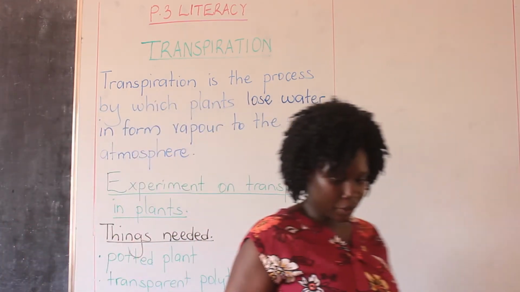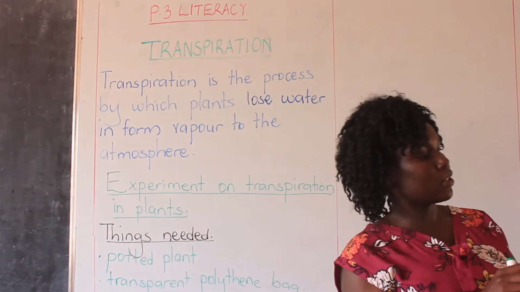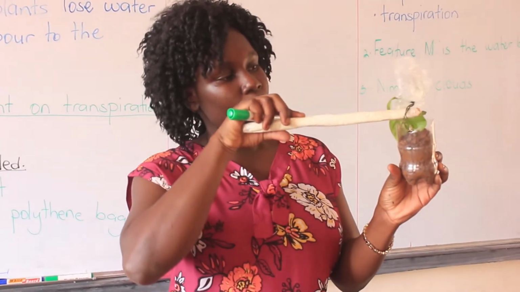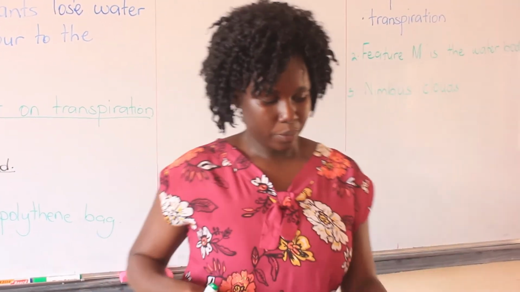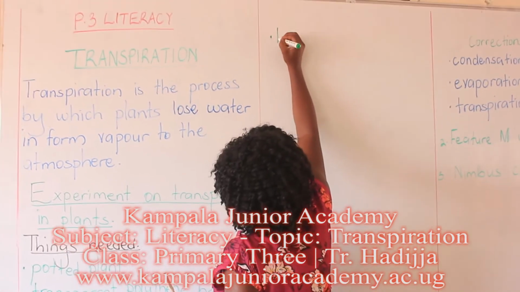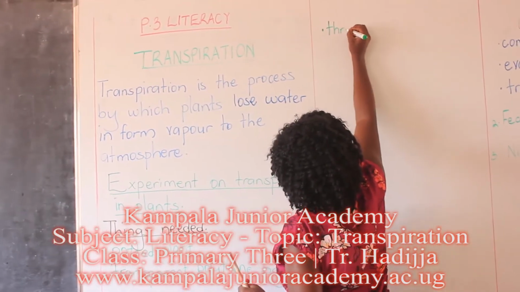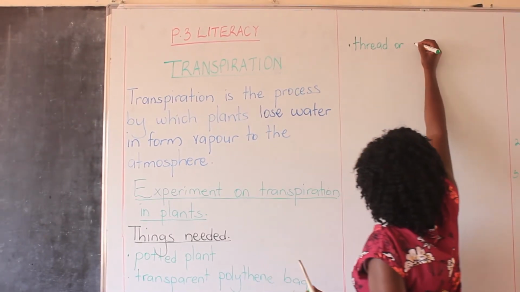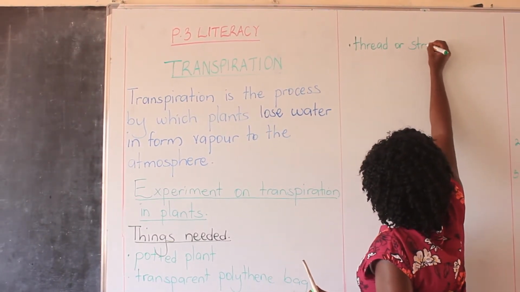Then there is something I used here for tying this transparent polythene bag. Here you can use a thread or a string. So number three, you can have a thread or you can use a string.